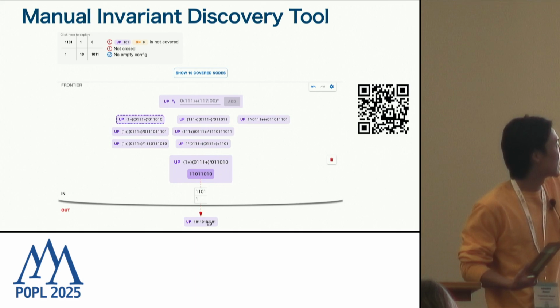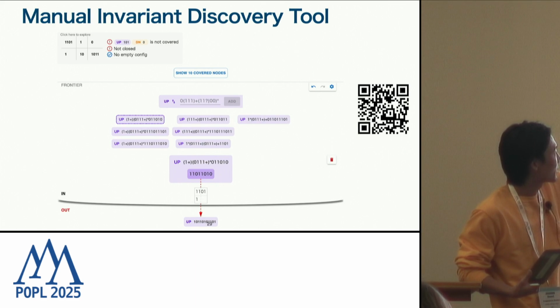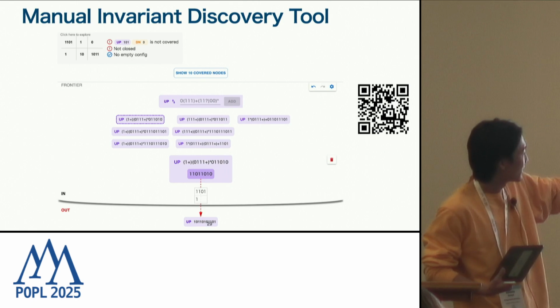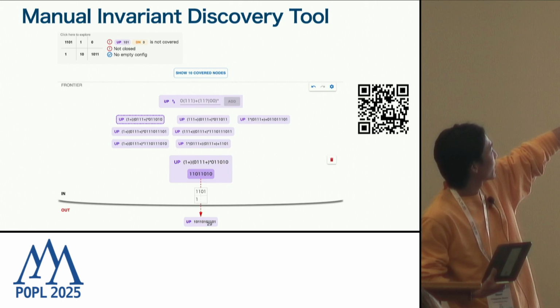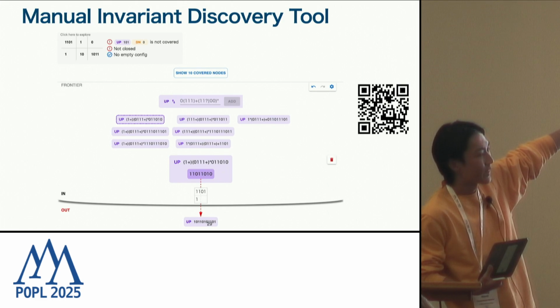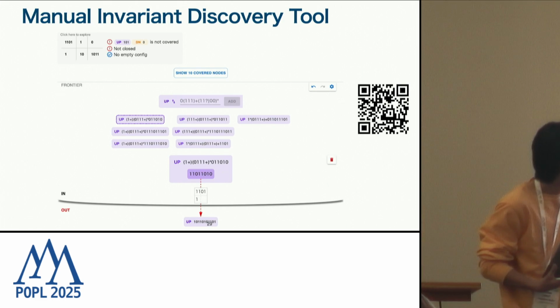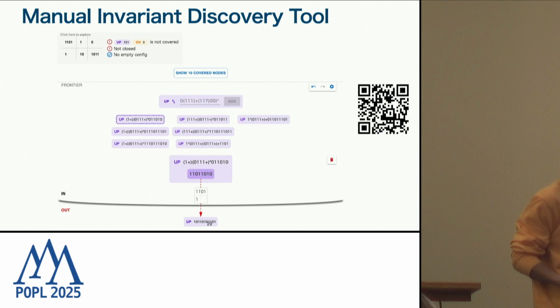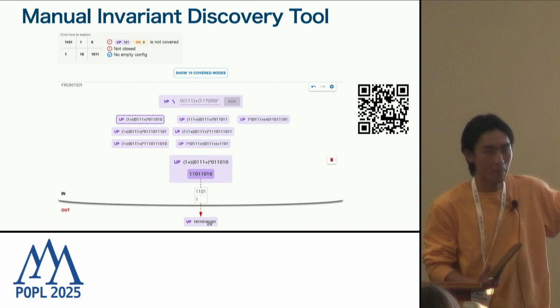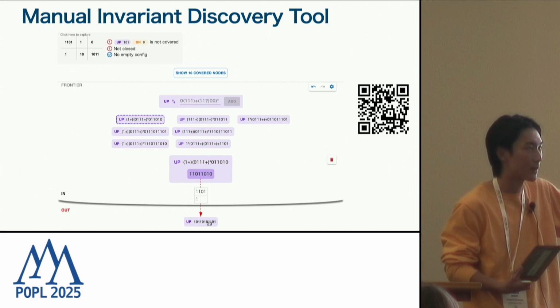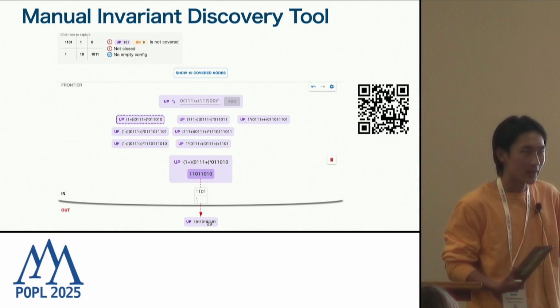Users can input arbitrary regular expressions here, and this tool continuously checks the three invariant conditions and tells us a counterexample to the closedness. And the user can block the counterexample by adding new regular expressions.